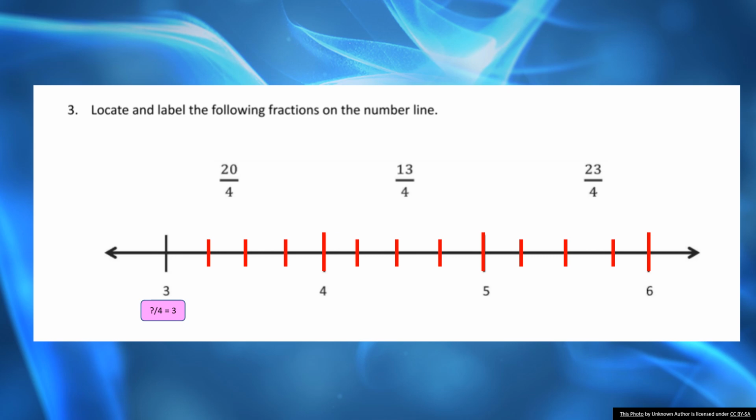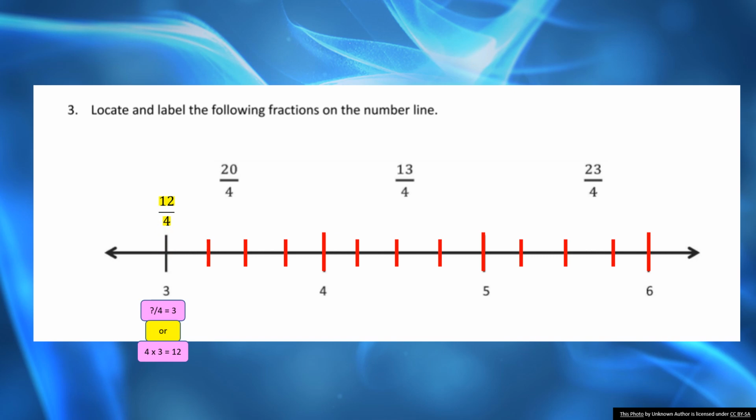What number can you divide by 4, or fourths, that would equal 3? Now, you can also turn this into a multiplication problem and say 4 times 3. Well, what's 4 times 3? If you said 12, you are absolutely correct. So that means that I'm going to start my number line with 12 fourths.